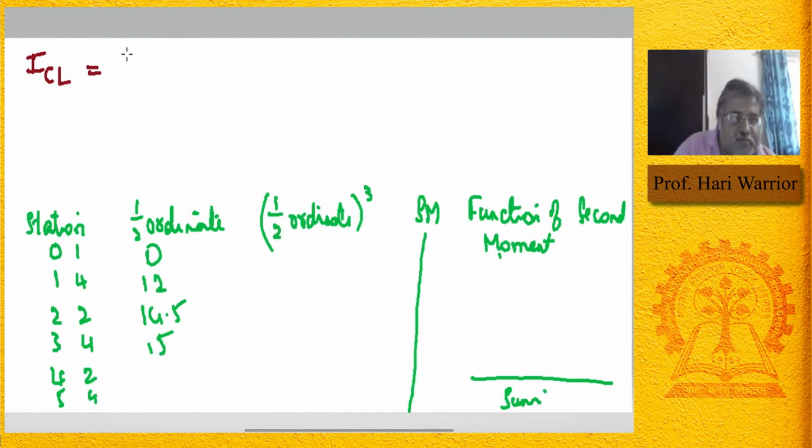Look back to your expression and you will see that it is 2 by 3 into h by 3 into the summation of the function of second moment. Sorry, function of second moment.